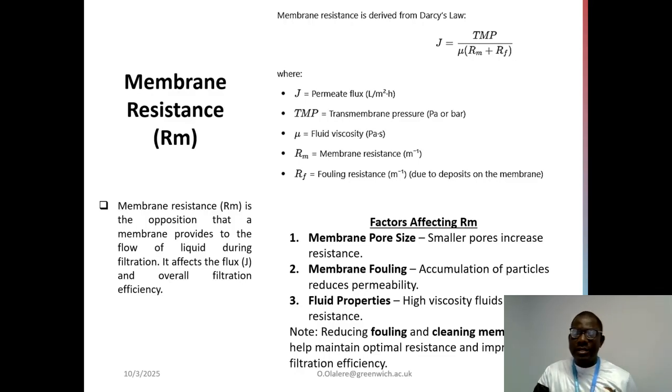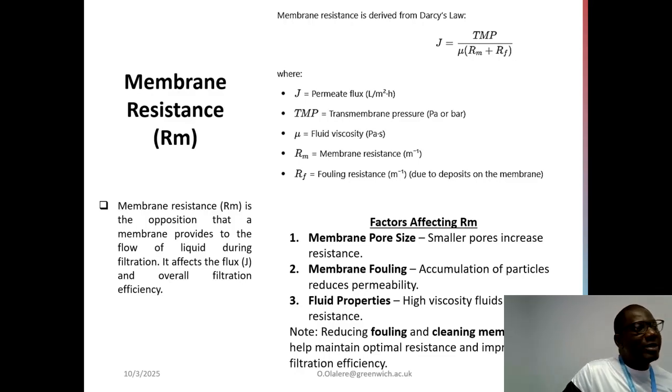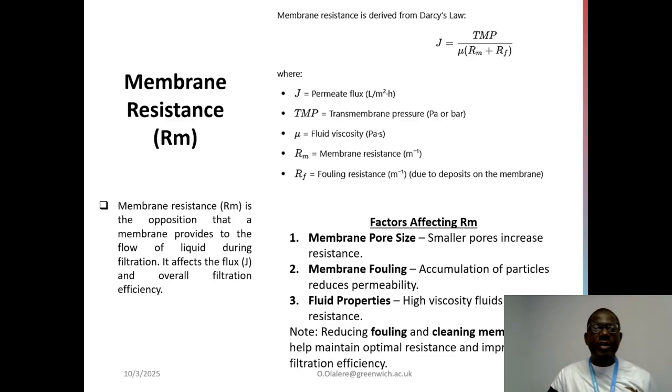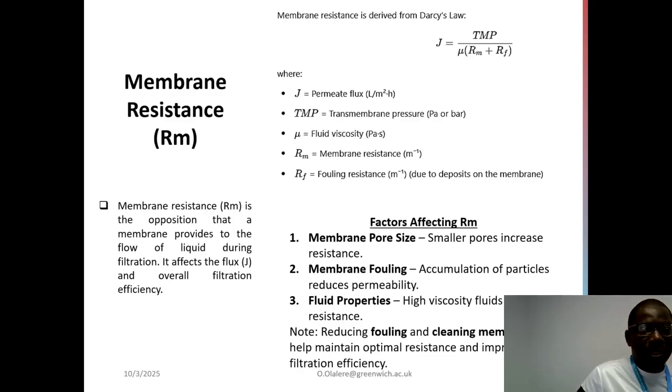There are different factors affecting membrane resistance. One of them is what? Membrane pore size. Next one is what? Membrane fouling. And the next one is what? The fluid properties. You need to understand this concept because membrane resistance is just the opposition that a membrane provides to the flow of liquid during filtration.